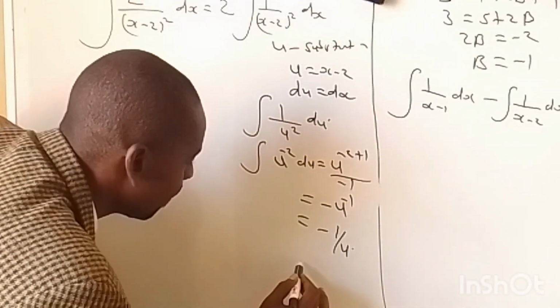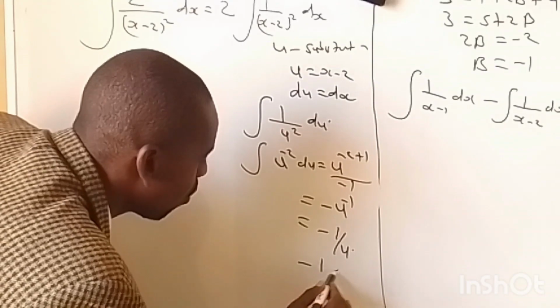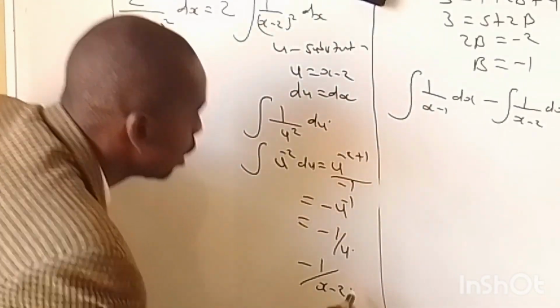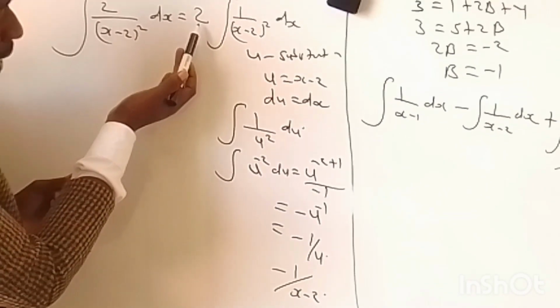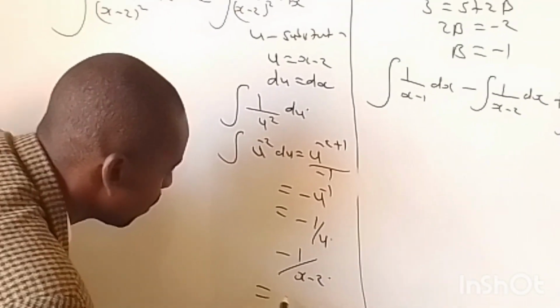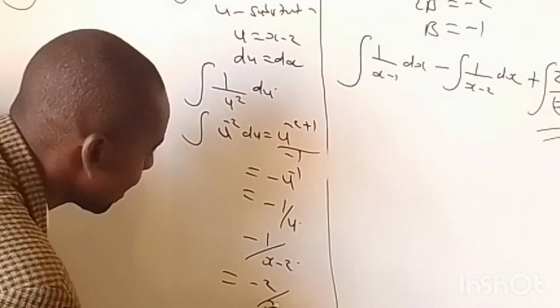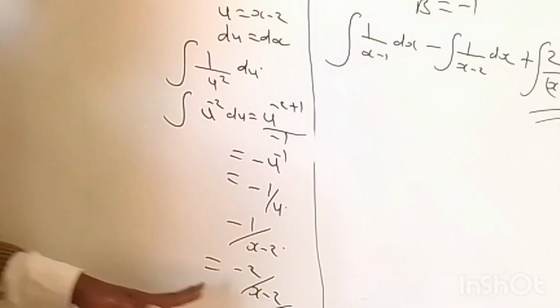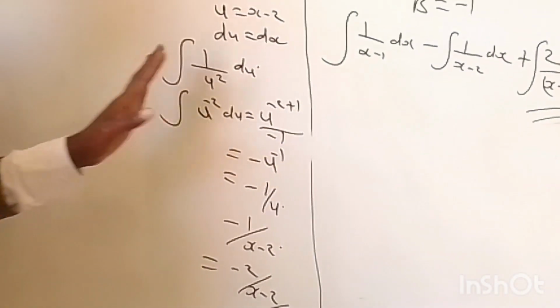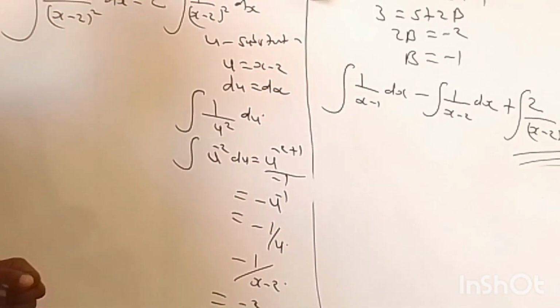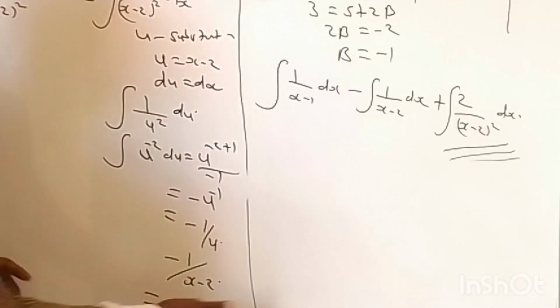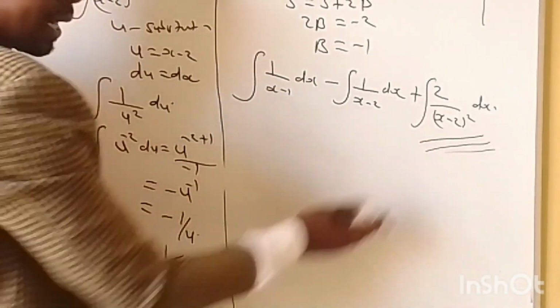So that becomes negative 1 over x minus 2. But remember, when I bring the 2 again here, eventually we have negative 2 over x minus 2. So that's the integral of 2 over x minus 2 squared using the u substitution. Now we are going to bring it back here.